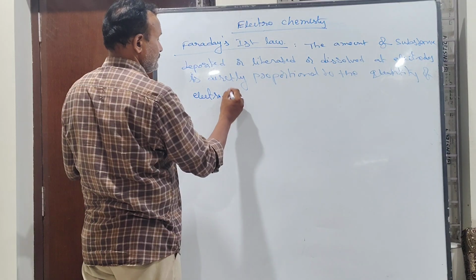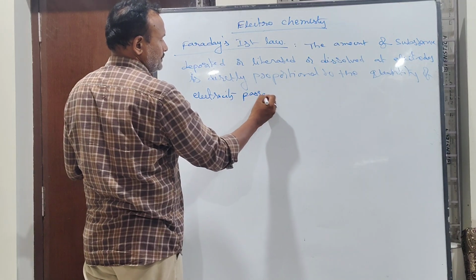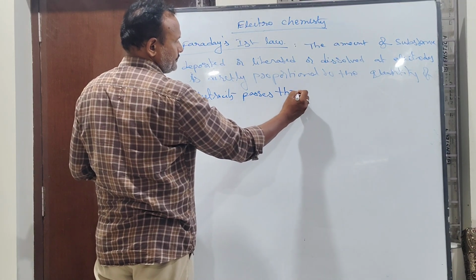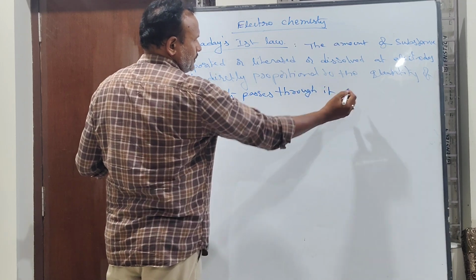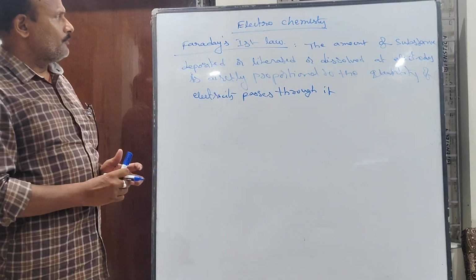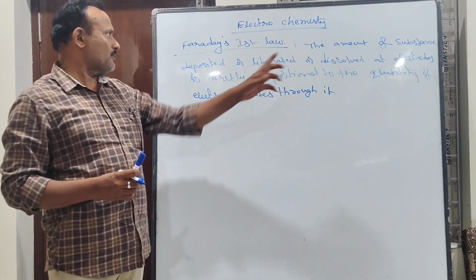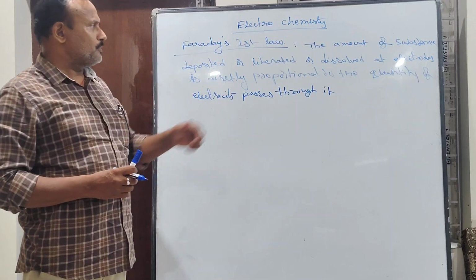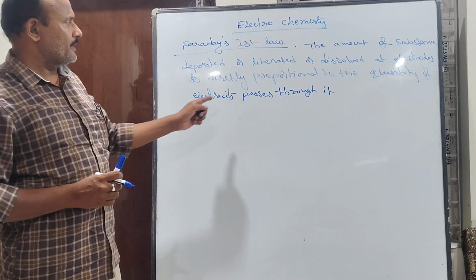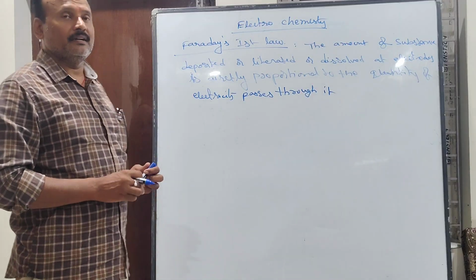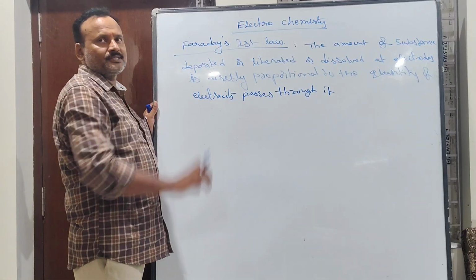I am repeating again: the amount of substance deposited or liberated or dissolved at electrodes is directly proportional to the quantity of electricity passed through it. So this is the Faraday's first law statement.